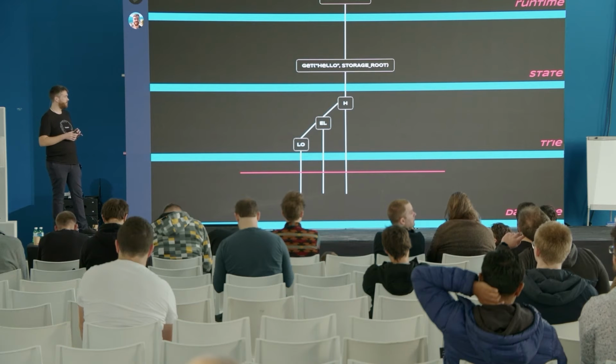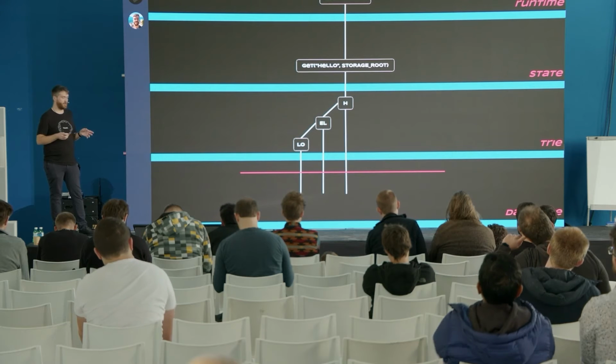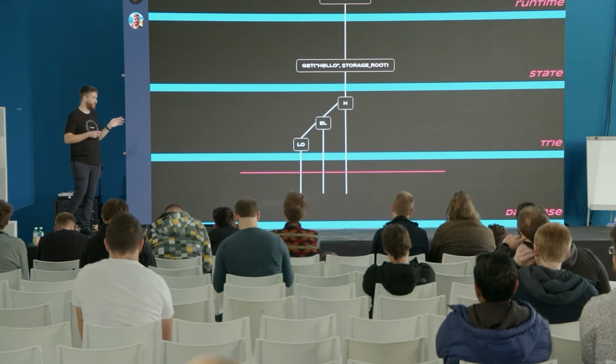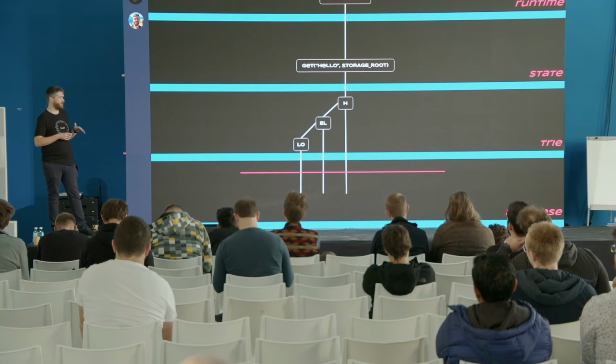Okay, we started with a relatively simple implementation. The idea came from one of my colleagues, Emmerich. He said we could put a cache directly above the database and below the Trie.